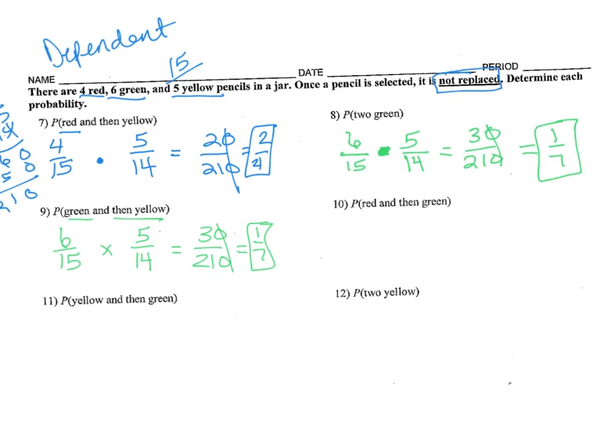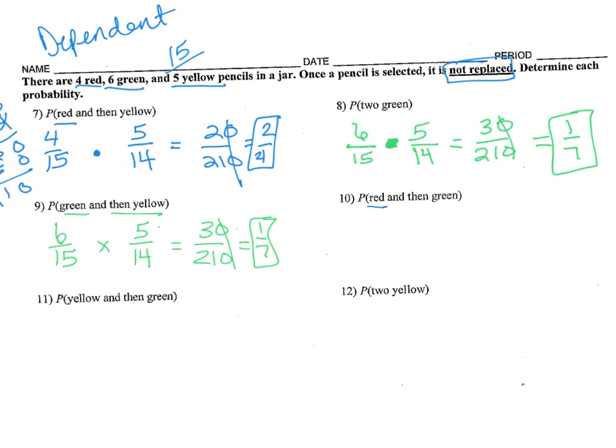Okay, then number 10, the probability of pulling a red pencil, then a green pencil. It's 4 over 15. I've got 15 total starting out, so that's going to be my bottom number. I started with 4 red, so 4 over 15. Then I go to pull a green pencil out. So 14 should be my bottom number. 6 over 14, and I still have 6 green pencils.